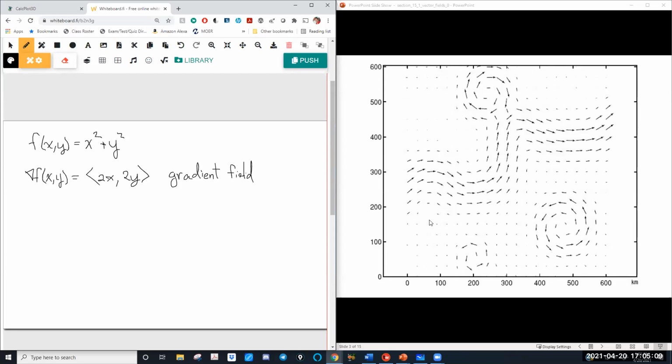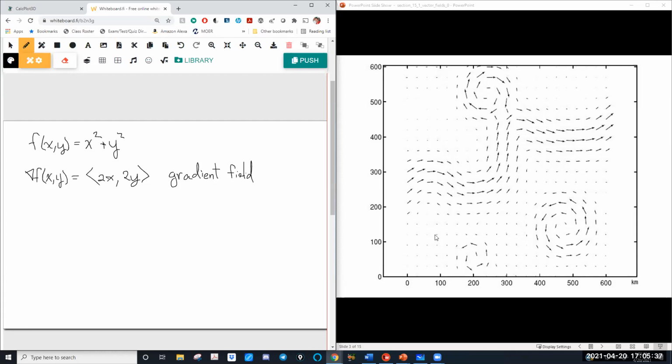All right, so this is a velocity vector field. And this is of, again, the Gulf Stream. And you can see the vectors represent magnitude and direction. So the larger the arrow, the stronger the velocity. The direction that it's going in is the direction of the arrow. Some of these smaller arrows, the current isn't moving as quickly.